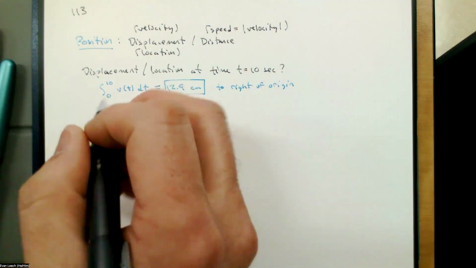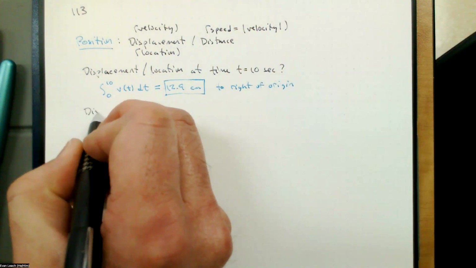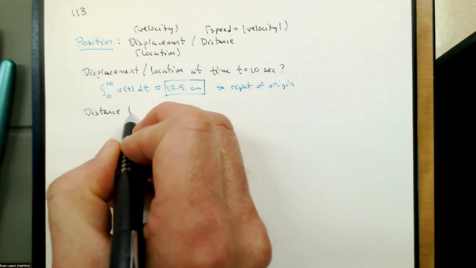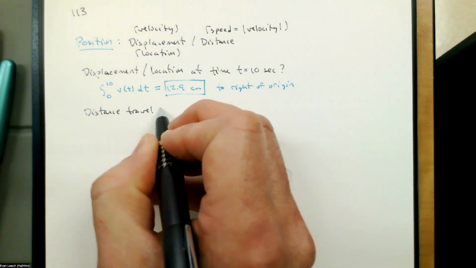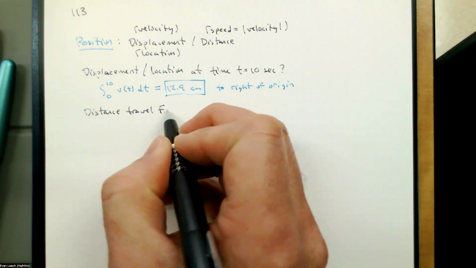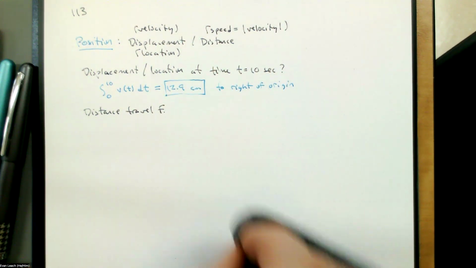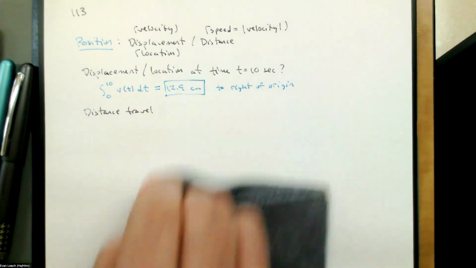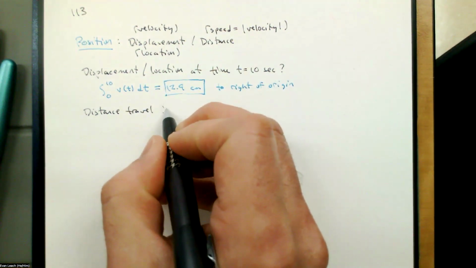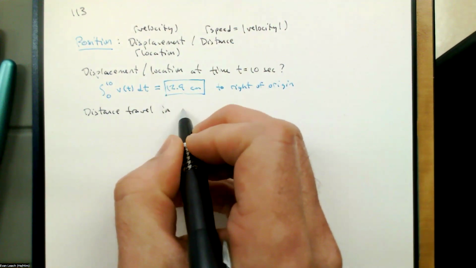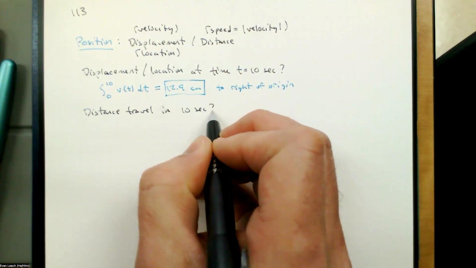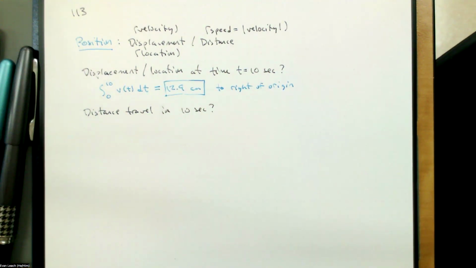But if the question was about the distance the particle traveled, then we're going to need to break this into two definite integrals.